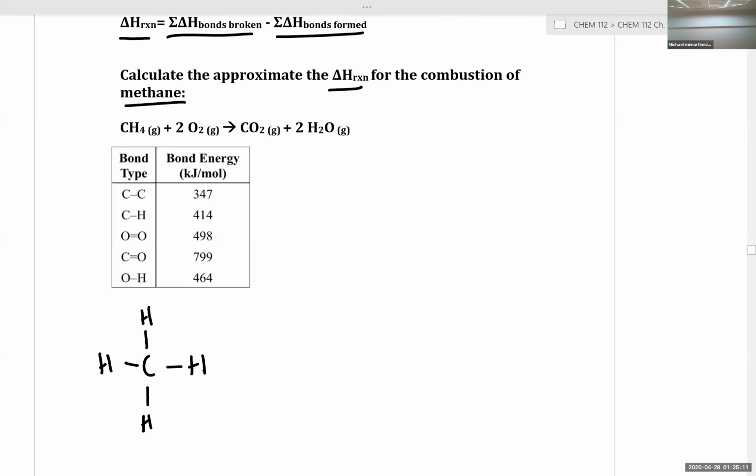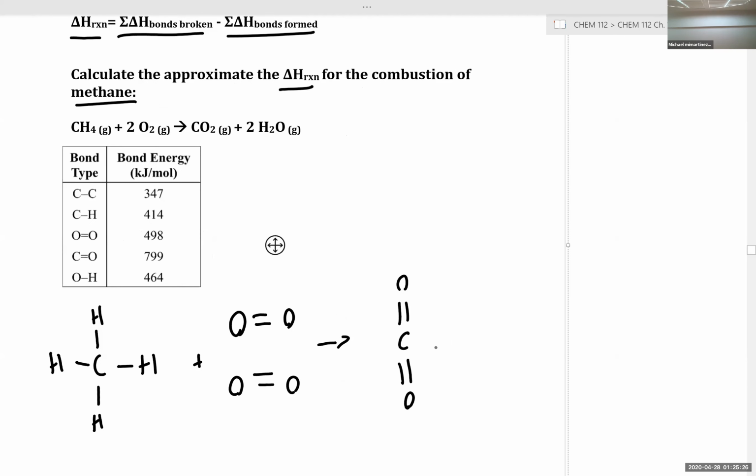Okay, we have two oxygen molecules. We have carbon dioxide. And we have two water molecules.